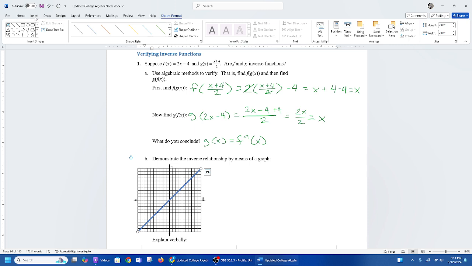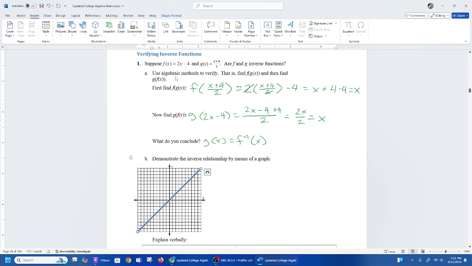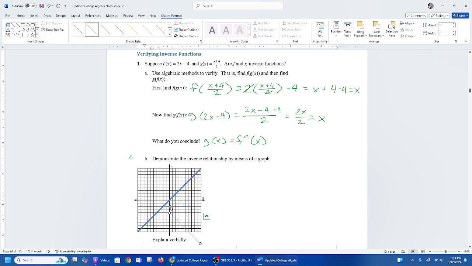Now I'm going to insert another line and graph 2x minus 4. So we know that it is going to go through minus 4, and it's going to go up 2 over 1. Sorry, I misspoke.